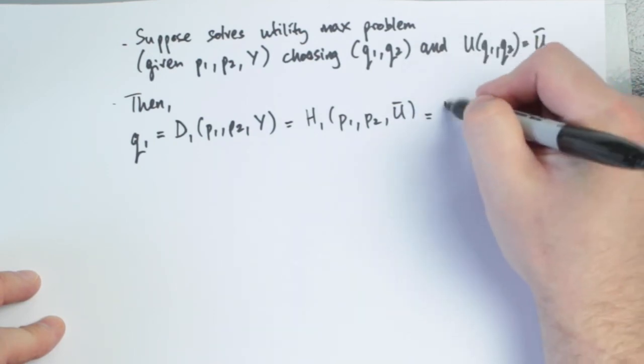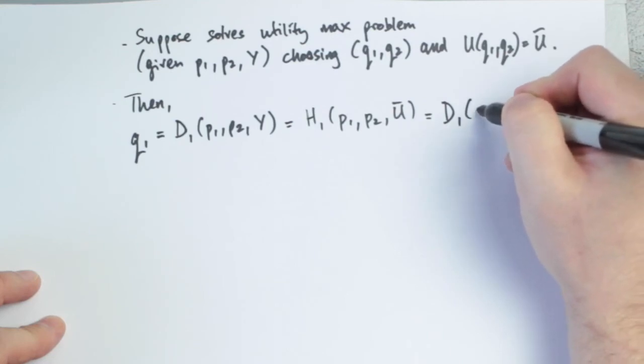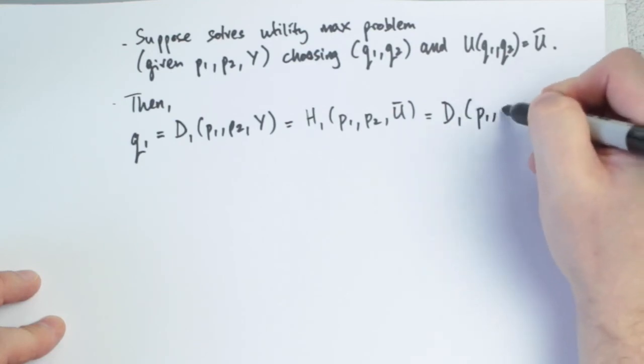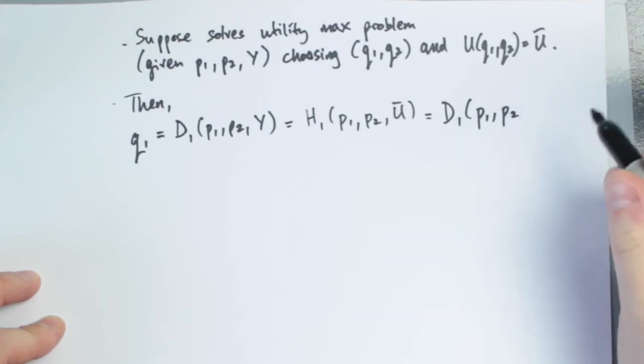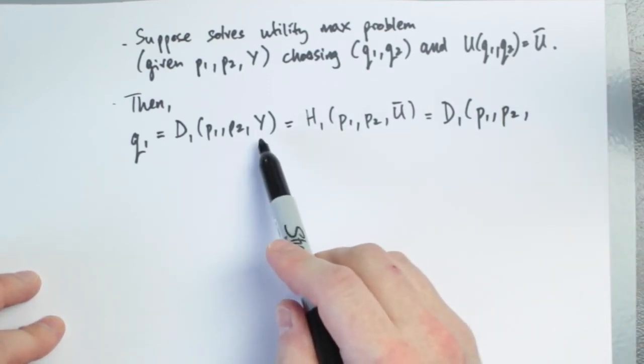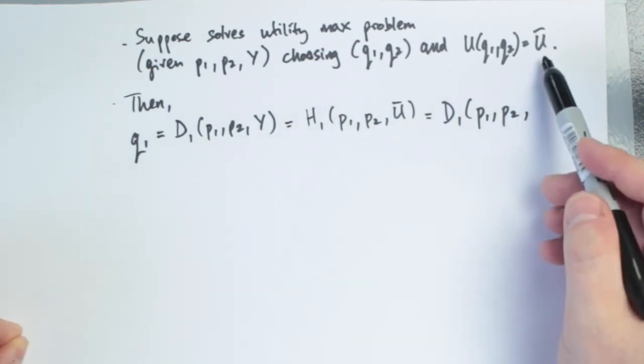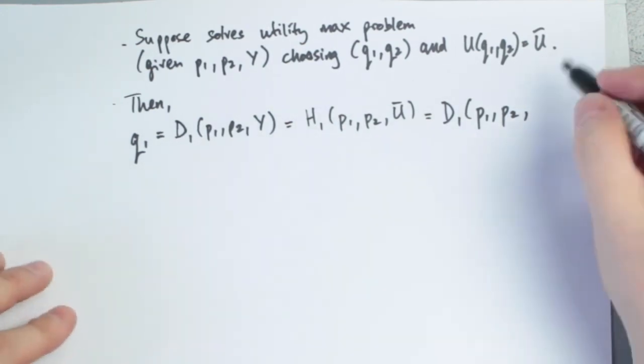So I could write that similarly by saying, well, this is the demand for good 1 when the prices are P1 and P2. And how much income do I have? Well, I have Y, and that's just enough income to achieve this level of utility. How could we write that?